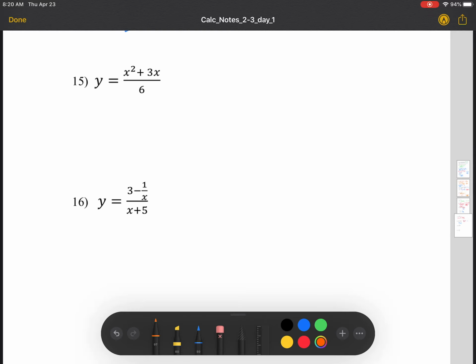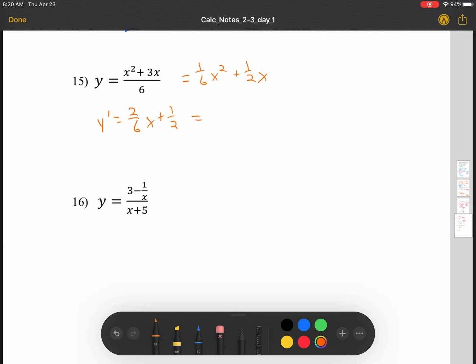15. We have x squared plus 3x over 6. We can simplify that, kind of make it like fractions, right? Distribute that 6 on the bottom both ways. So you have 1/6 x squared plus 1/2 x.